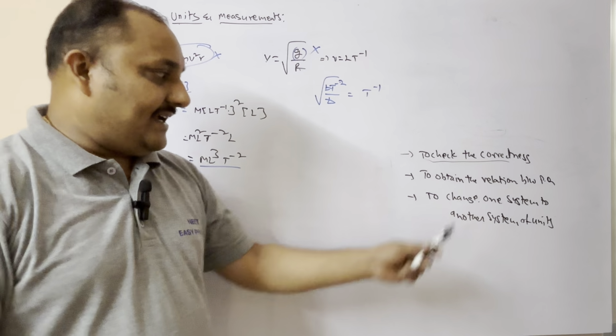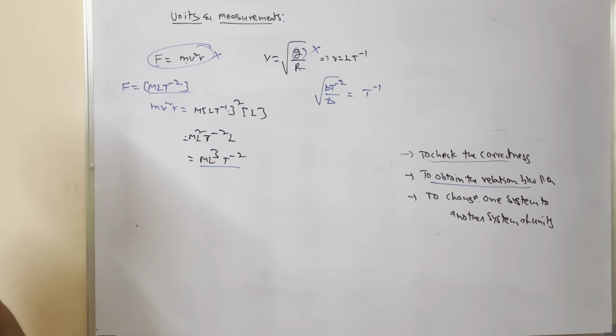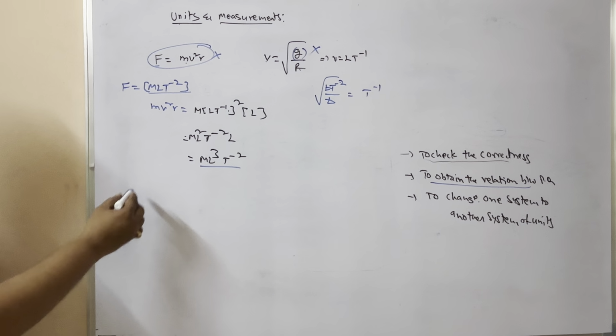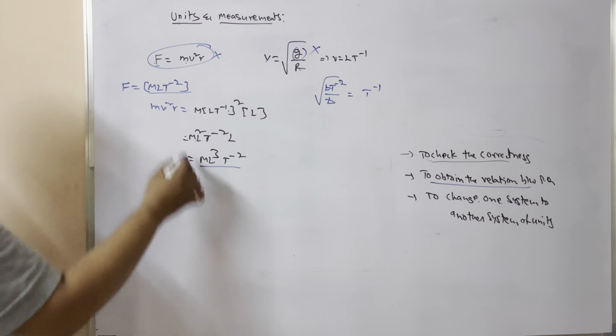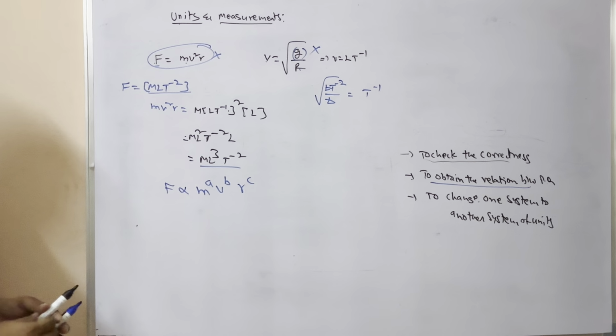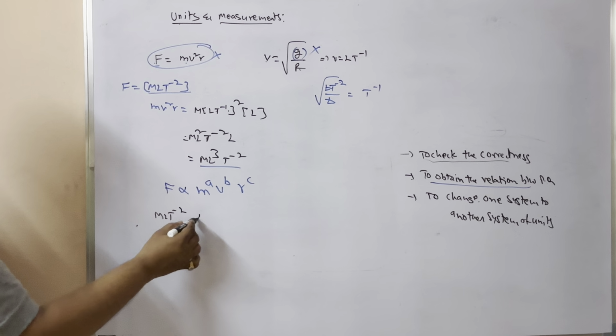Now see the second use: obtaining the relation between physical quantities. Now this equation is wrong, so what is the correct relation? To get that, whatever they give, first F is directly proportional to m power a, v power b, r power c. Now the force dimensional formula you can write as M L T power minus 2.